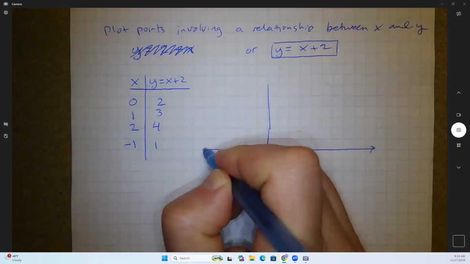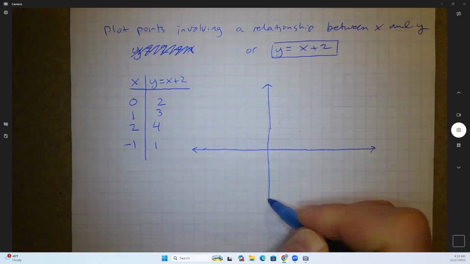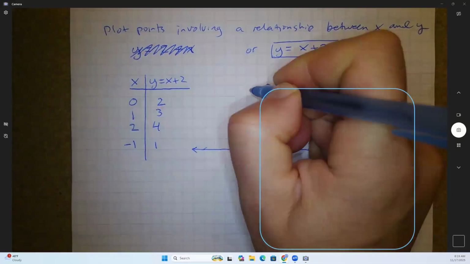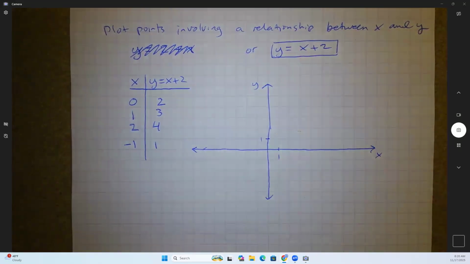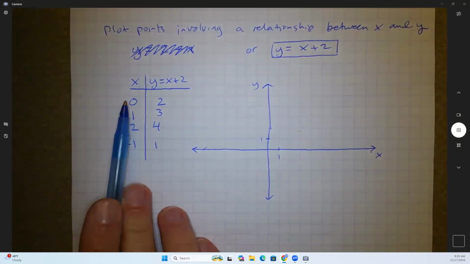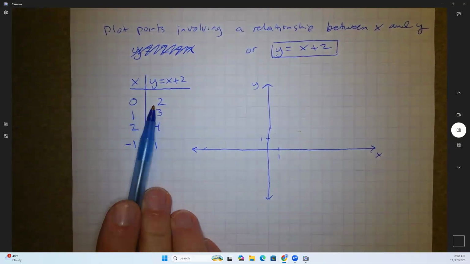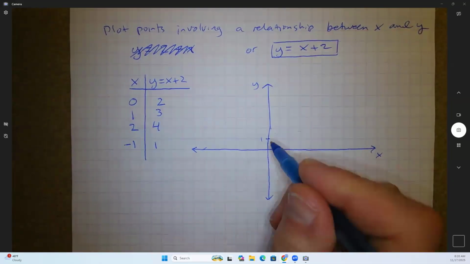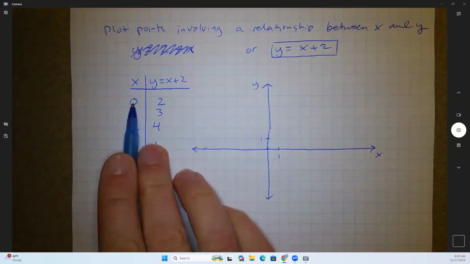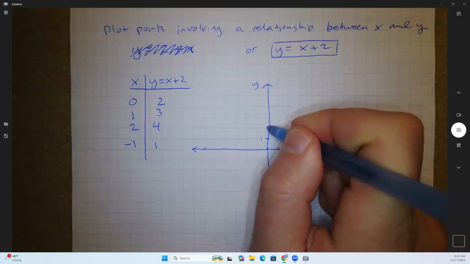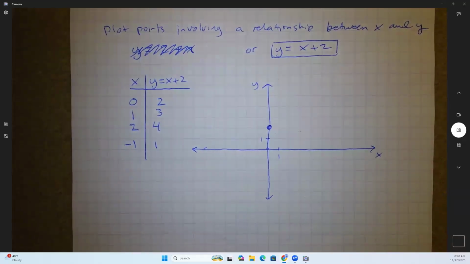And so if I want to plot these points, X, Y, and put my scale on there, my information tells me when X is 0, Y is 2. So I start at the origin, and I don't take any steps in the X direction, and then I take 2 steps in the Y direction. So that's 0, 2.